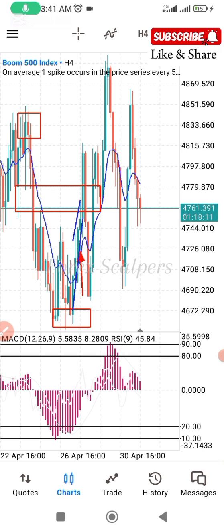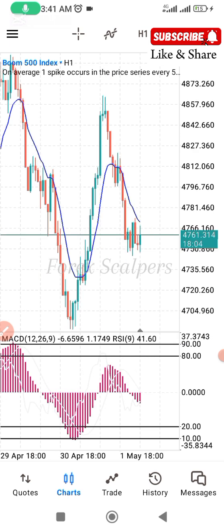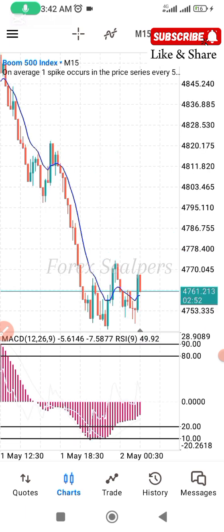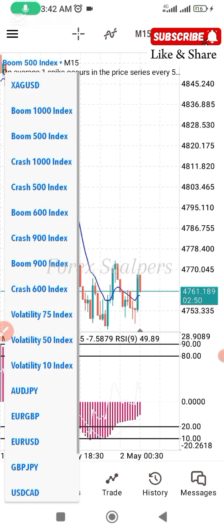It's more or less ranging, but when we look at our histogram line of the MACD, it is above the 0 line. So momentum is at the upside. But when we look at our 1 hour, we can see that momentum is a bit at the downside, but we want to work with the 4 hour, which is very, very effective for us.